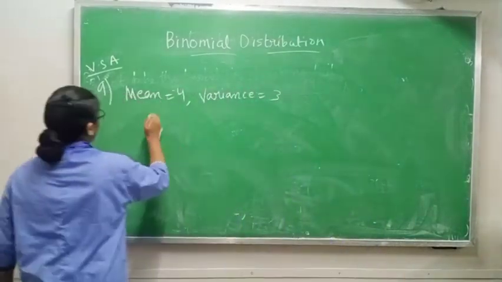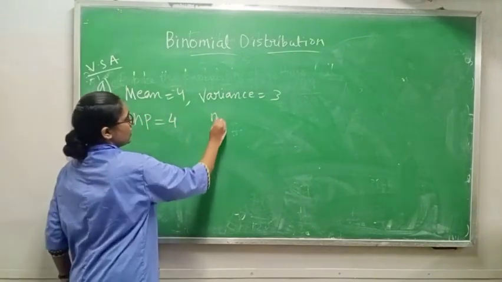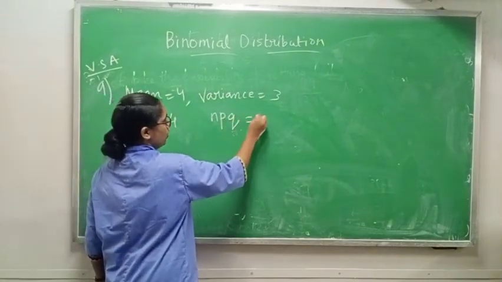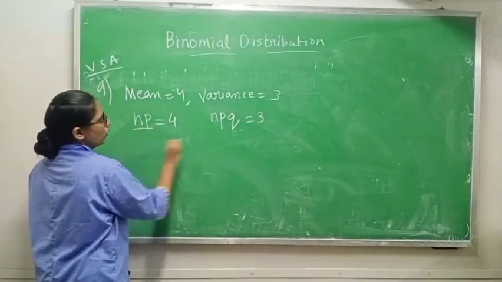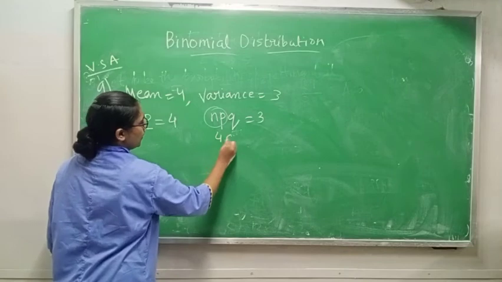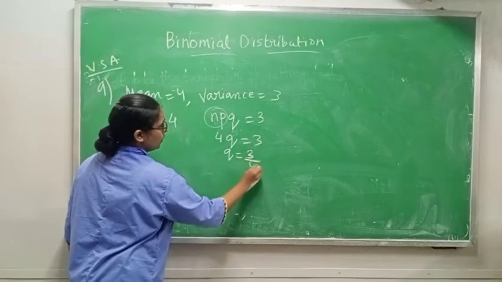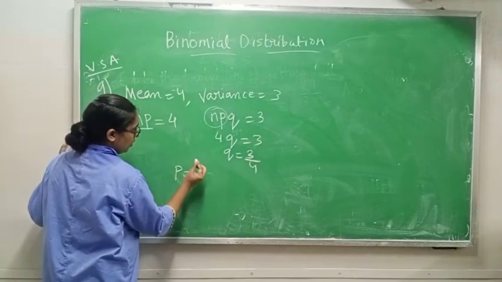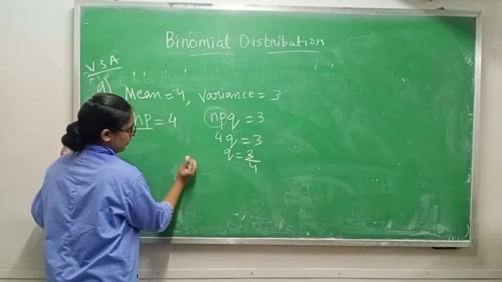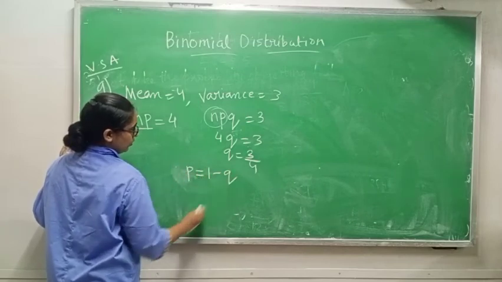So the mean formula is np equals 4 and variance is npq equals 3. Now you know the np value, so in this case you can put it to find q equals 3 by 4. Now you know one thing, p equals 1 minus q.